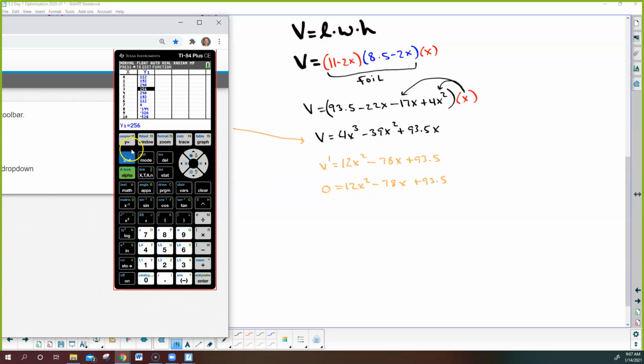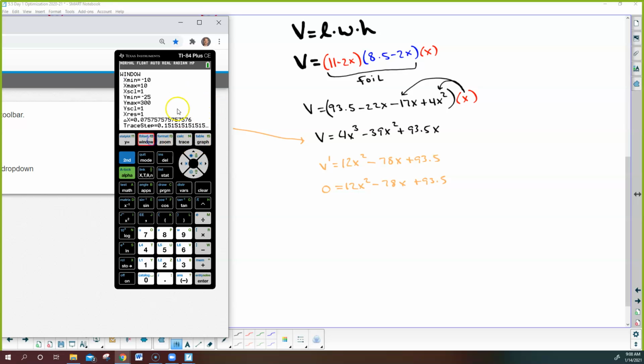Just like we did before. So remember, this is the derivative. So I'm going to plug the derivative into my equation.